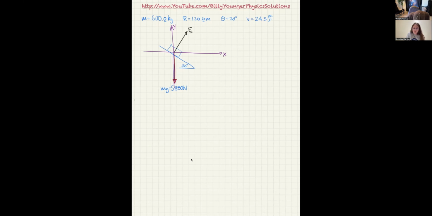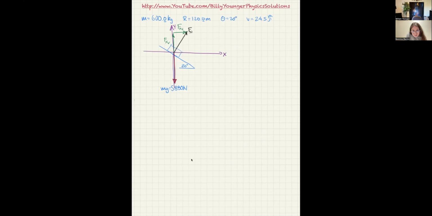This right here is the component of the normal force that is vertical, and then there's going to be a horizontal component of the normal force. So this is F normal sub H, and this is F normal sub V, like that.